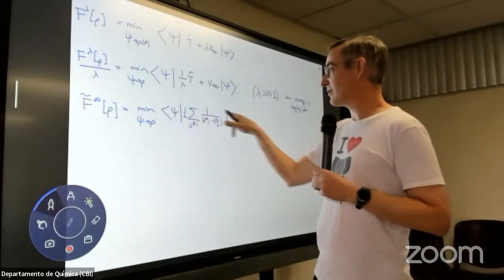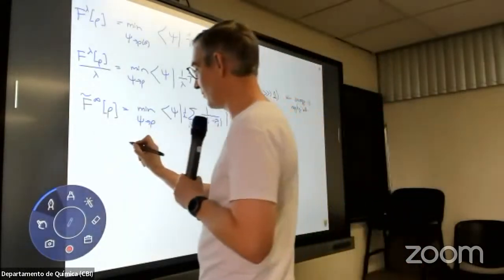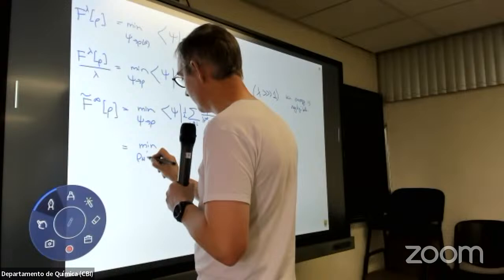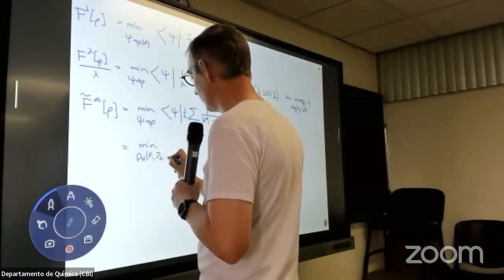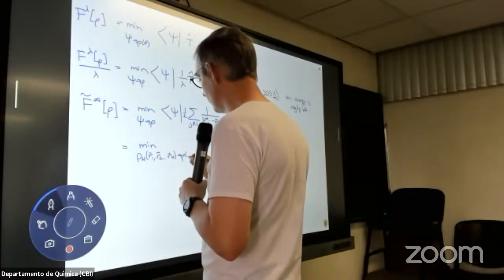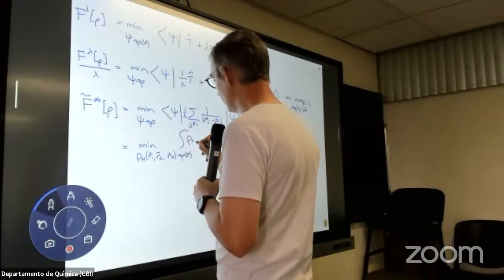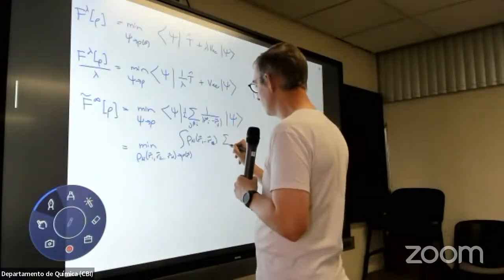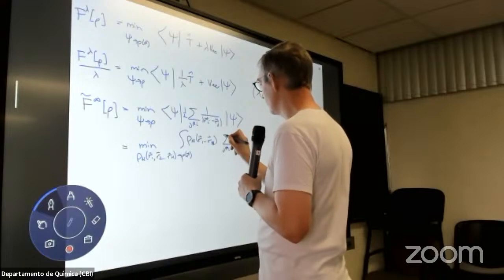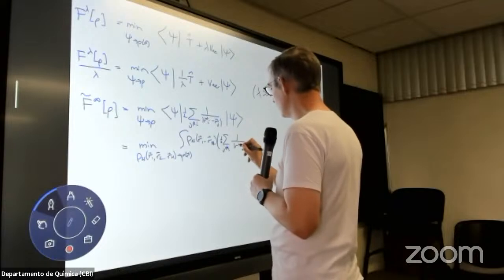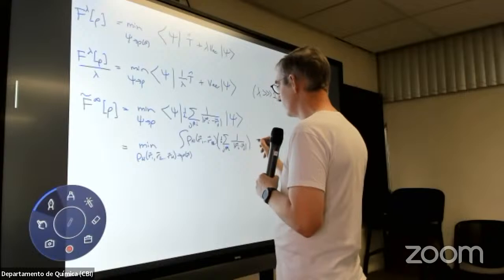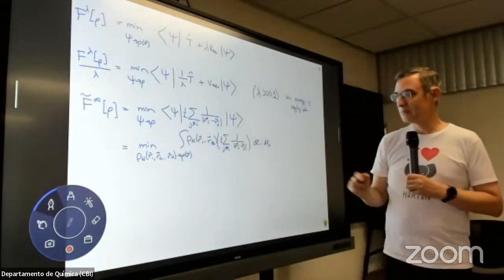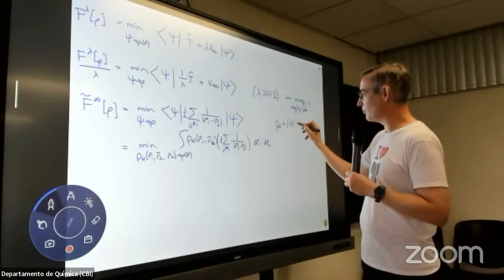Now this is psi star times psi. There's no non-local operator, so I can rewrite this as a minimum over the n-electron distribution function, which is just psi squared.